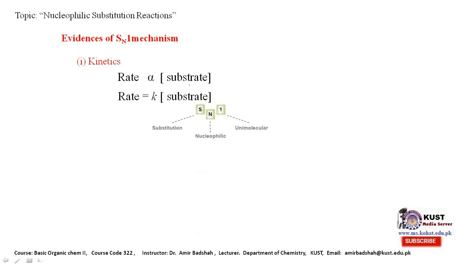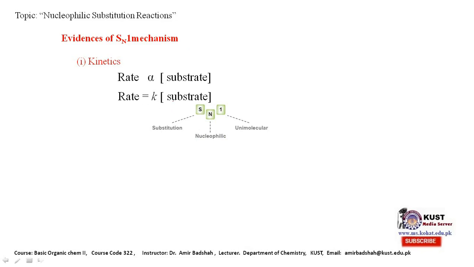What are the evidences through which we can guess that this reaction has taken place through the SN1 mechanism? The first evidence is the kinetic study. Here the rate depends only on the concentration of the substrate and not on the concentration of the nucleophile.